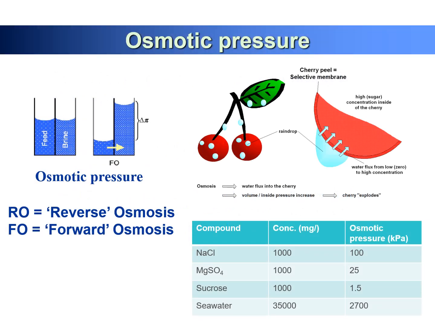So what's the osmotic pressure? You have feed water with a very low concentration of salt, and brine with a very high concentration of salt. In between we have the RO membrane.